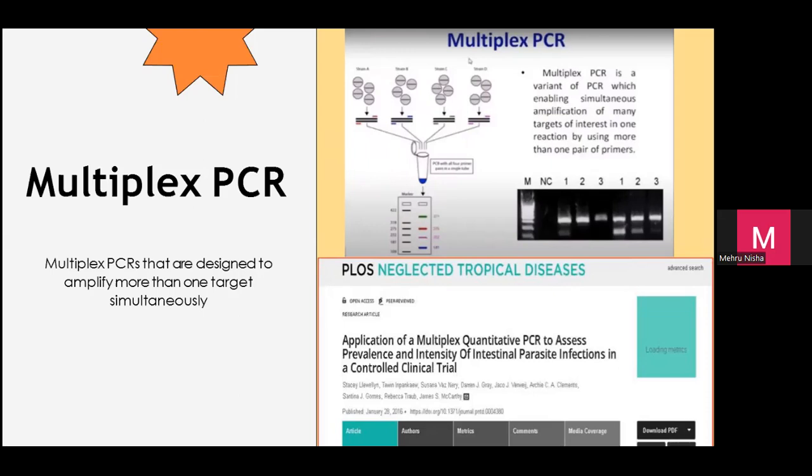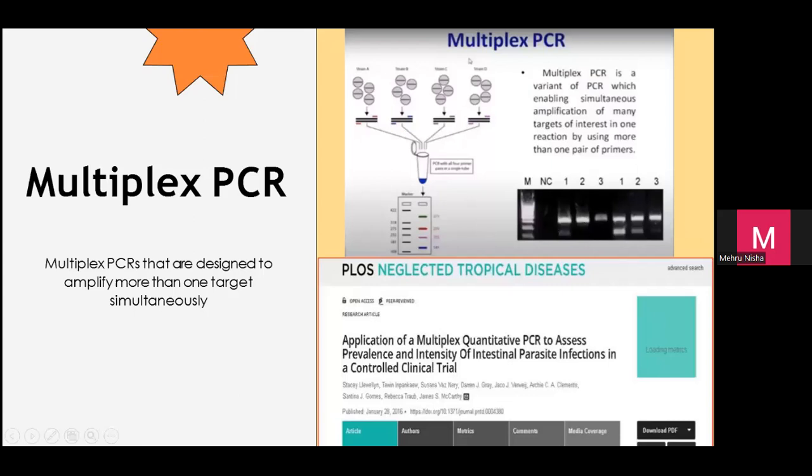Multiplex is very good, very novel. Not novel lah, dah guna dah, but the challenges in multiplex is you must know how to optimize the primer. Sebab yang ni semua bekerja dengan temperature. Setiap ni ada temperature dia sendiri.